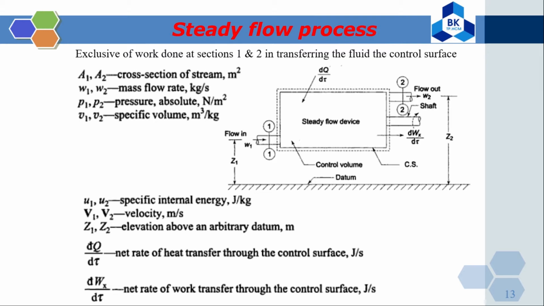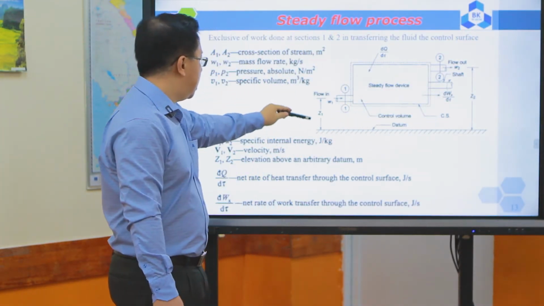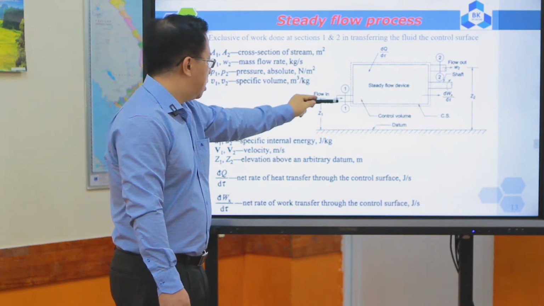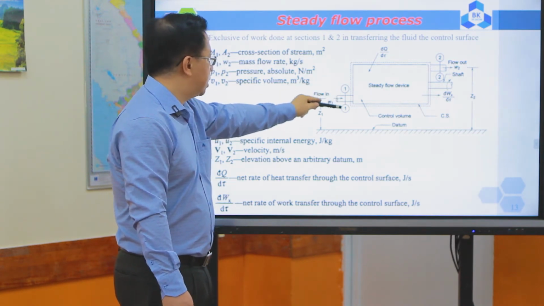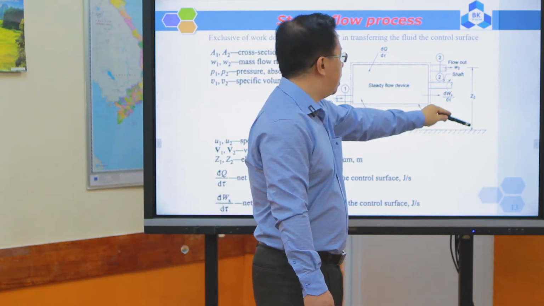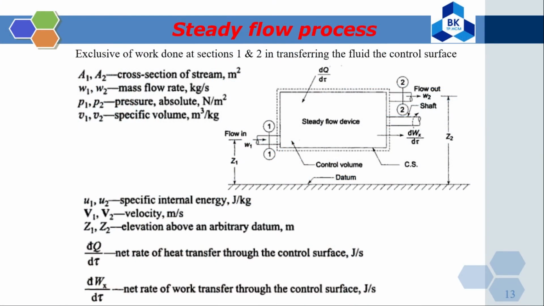V1 and V2 are the velocities. Z1 and Z2 are the elevations above the datum. So we have the datum here, and Z is the elevation. Z1 is the elevation at the flow-in section, or section 1-1, and Z2 is the elevation at the flow-out section, or section 2-2.